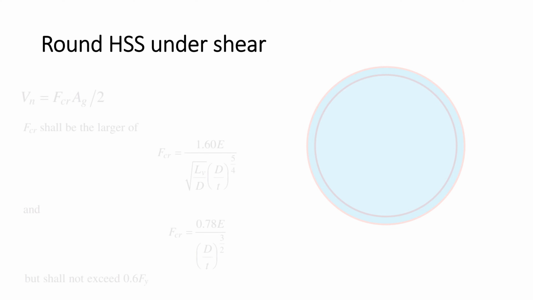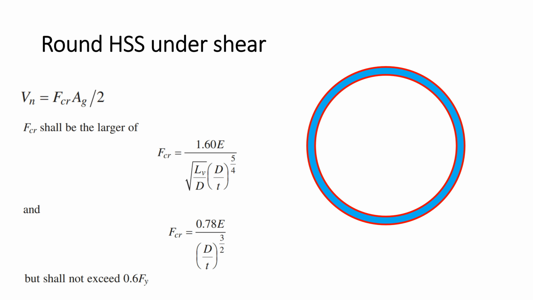When it comes to round hollow sections, the shear behavior is slightly different. Because the round hollow sections have no distinct web and flanges, the contributing shear area is considered as half of the cross-sectional area.